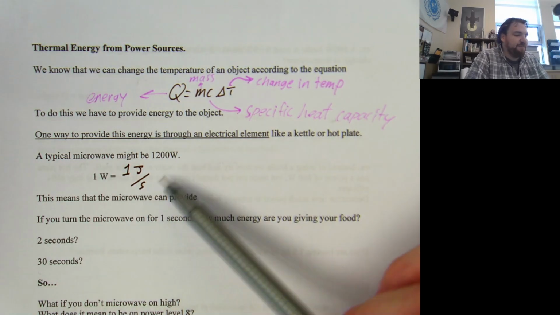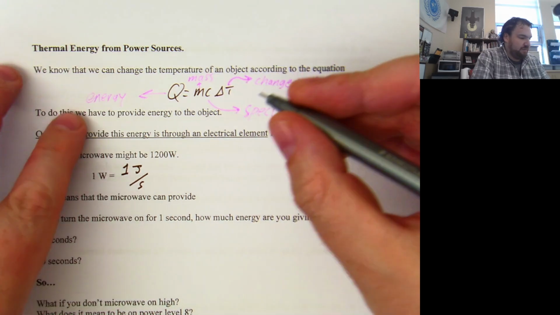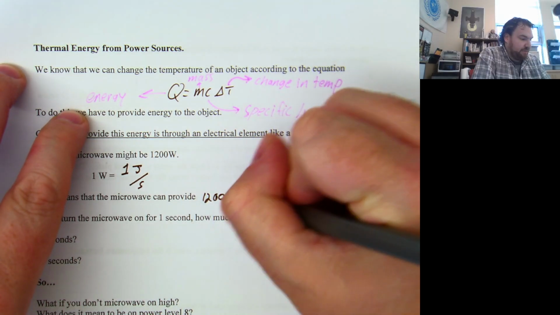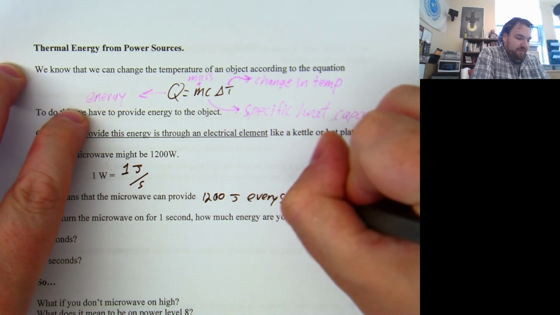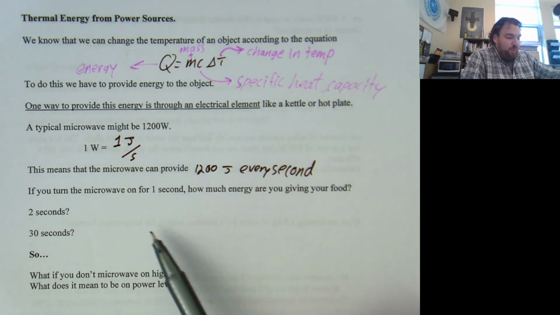A 1200 watt microwave. What this means is that if 1 watt is 1 joule per second, the microwave is delivering 1200 joules of energy every second to whatever is inside it. So now you've got this idea where, based on the wattage rating of these objects, we can figure out how much energy is being produced. If you turn on the microwave for 1 second, how much energy have you given your food?